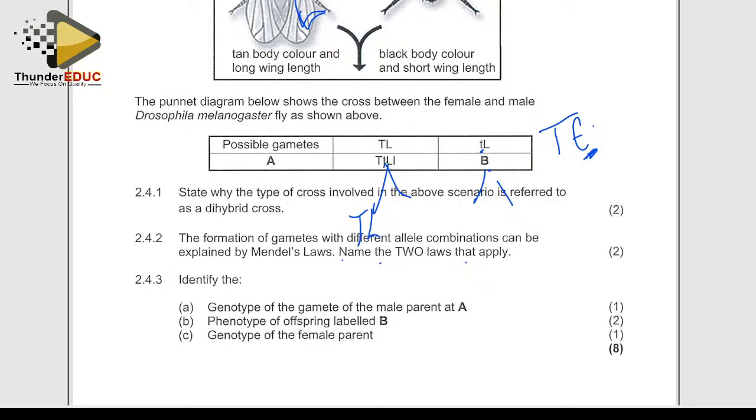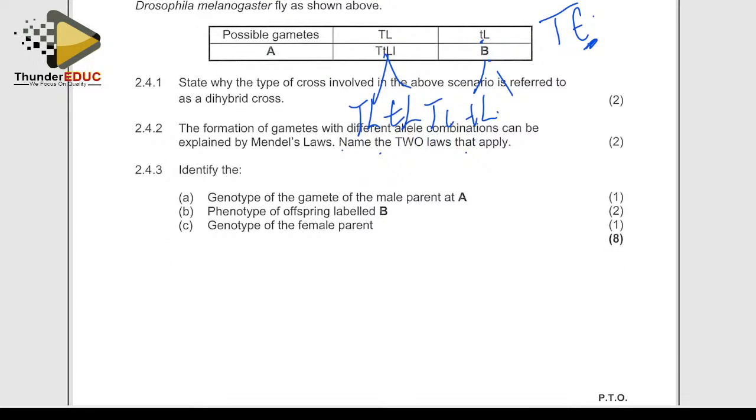The capital T will not influence small t, and the small t will not influence the capital T. They will segregate independently. So that's how there is no influence of one allele by another, allele in another locus, because these alleles are going to different loci.